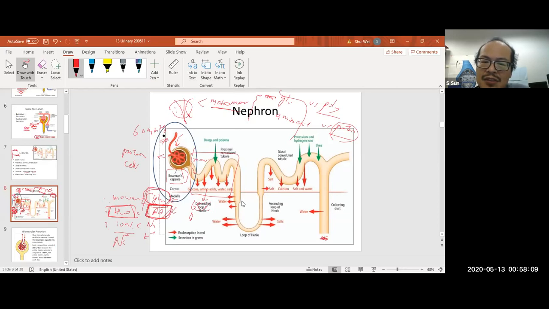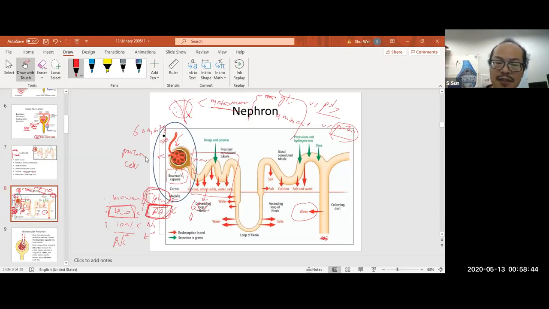The remaining is just a little modulation. We reabsorb glucose, amino acid, water, and salt. The major things are all reabsorbed in the proximal. That's a concept you need to have. What's remaining is actually water. We will get to the detail about it.